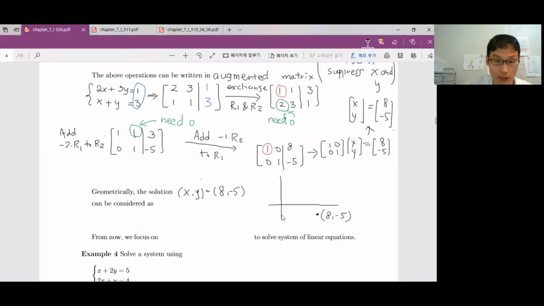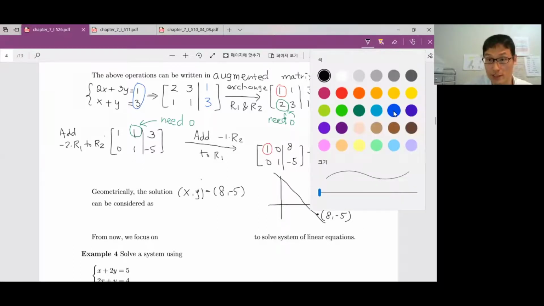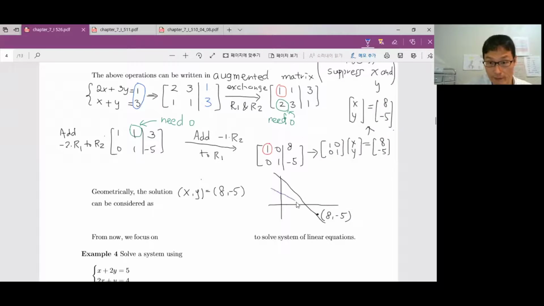And actually, this is the intersection of 2 lines. Equation number 2 and equation number 1.